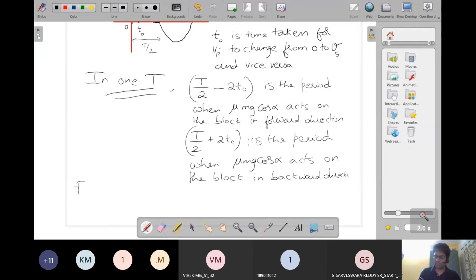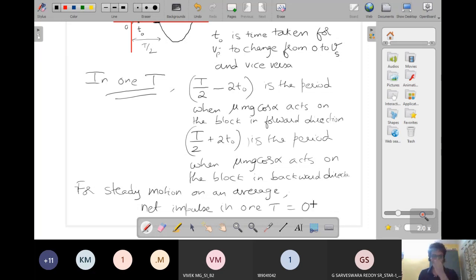So for steady motion, on an average, net impulse in one T should be equal to 0. Net impulse acting on the block in one time period should be equal to 0.